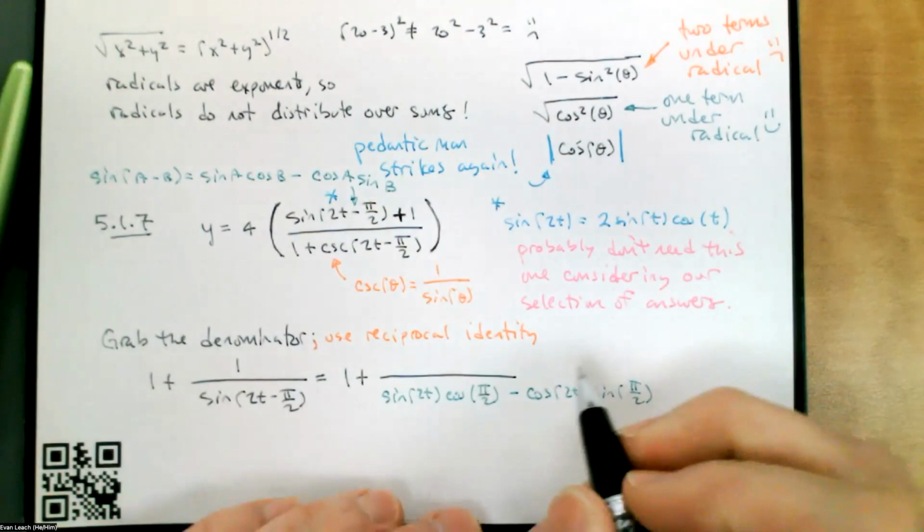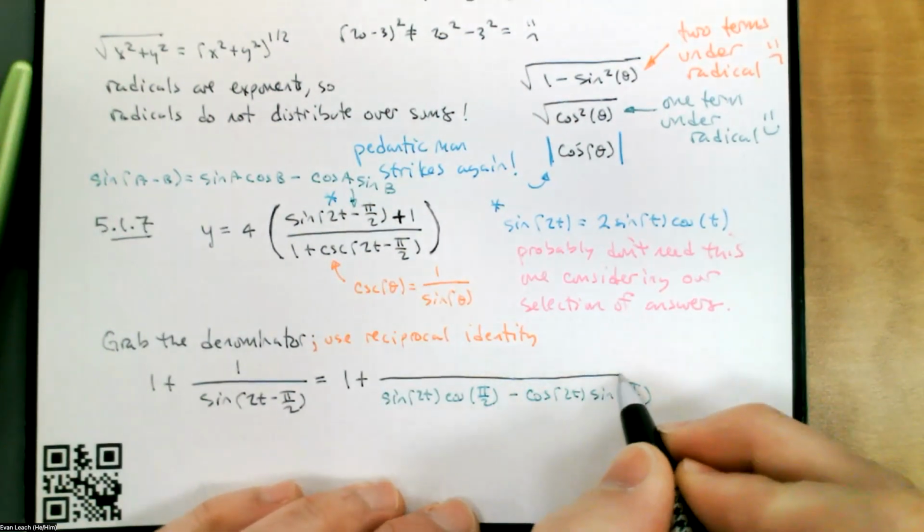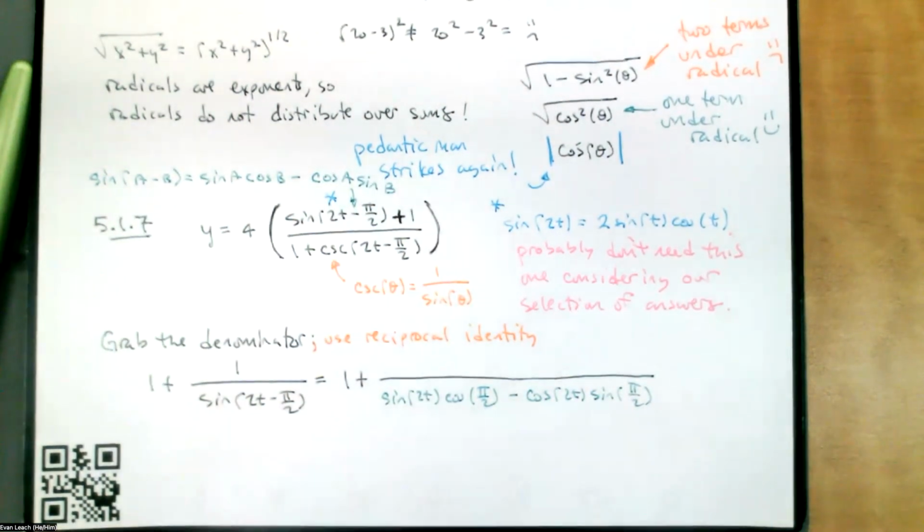The advantage of doing this is that our arguments go from being 2t minus pi over 2 to just 2t and pi over 2. The other advantage is that it pulls out cosine of pi over 2 and sine of pi over 2 as just factors. And those are constants.